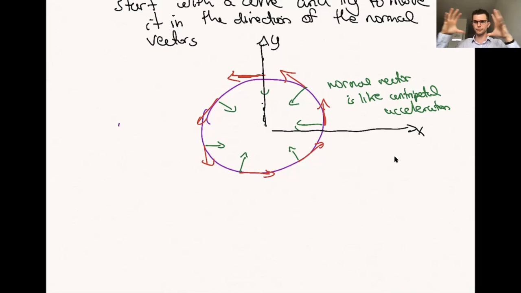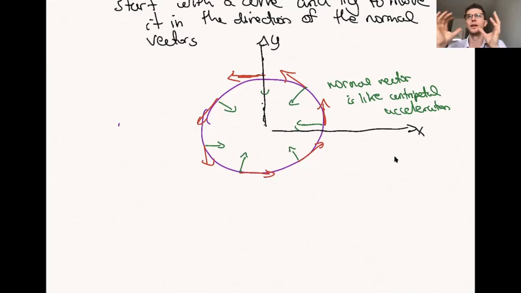If you try to move the curve in the direction given, think of the curve as a type of boat, a circular boat. Now the green vectors are sort of like this current, these flow lines.